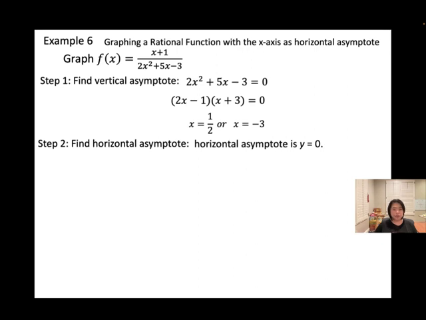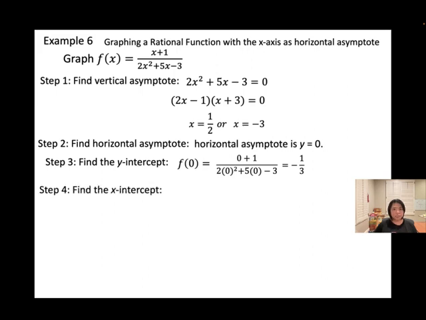Now we're going to find the y-intercept. We're going to plug in x equal to 0, so you're going to get -1/3. Okay, x-intercept. We're going to put f of x equal to 0.